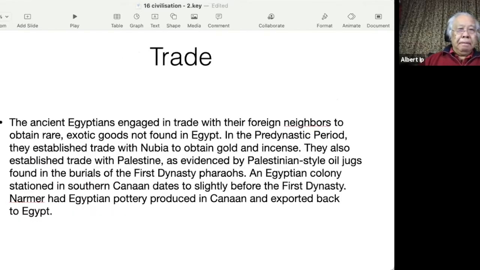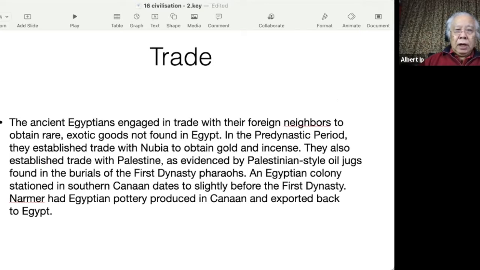Trade. The ancient Egyptians engaged in trade with their foreign neighbors to obtain rare, exotic goods not found in Egypt itself. They traded widely over a very large area.